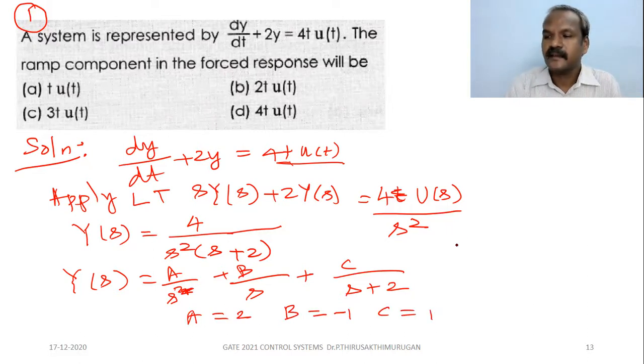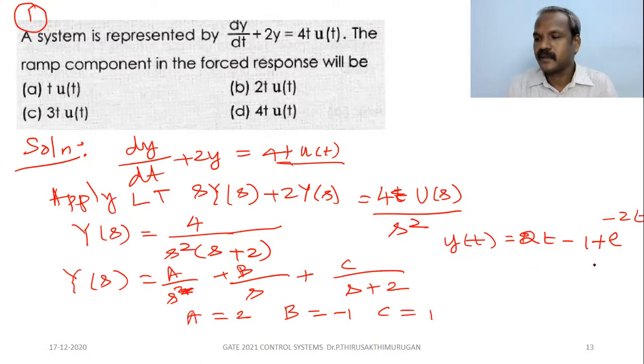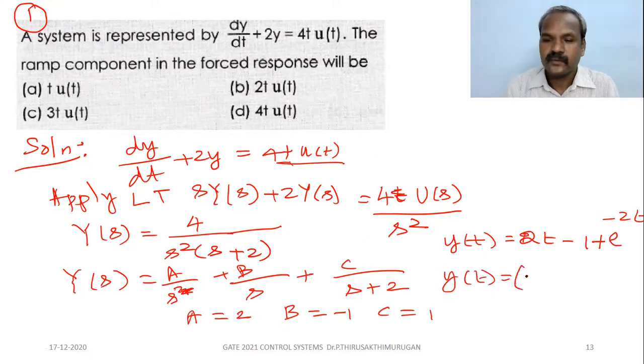So y(t) equals 2t minus 1 plus e to the power minus 2t.